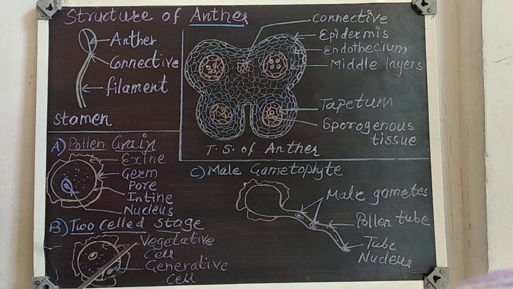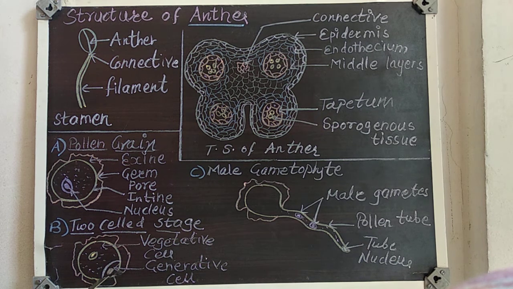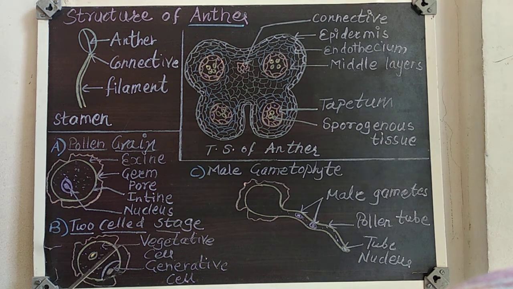The first is called as vegetative cell, which is irregular in shape, consisting a nucleus, rich in cytoplasm. It is rich in the food also. The second, smaller, is called as generative cell. Generative cell attaches on the wall of the vegetative cell, or it is suspended freely in the cytoplasm of vegetative cell.